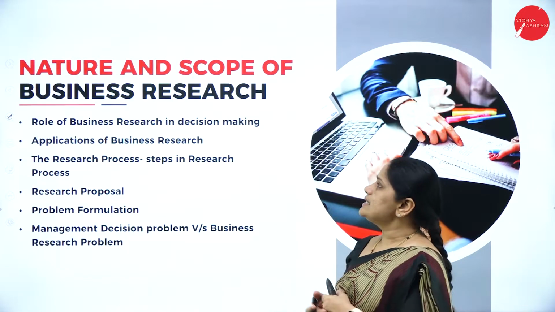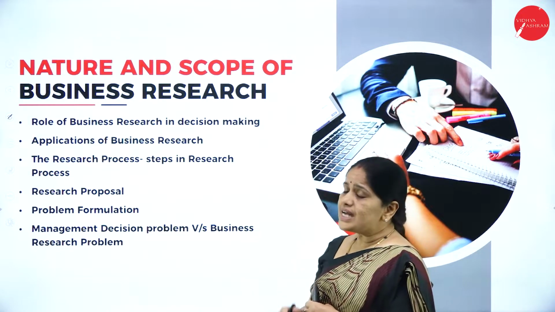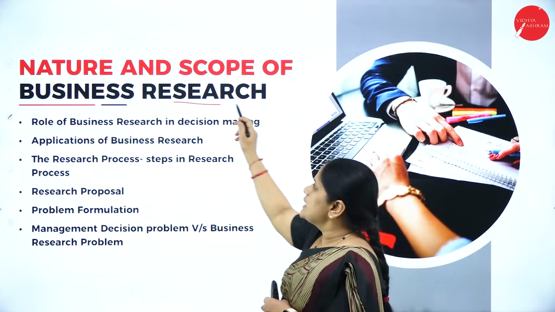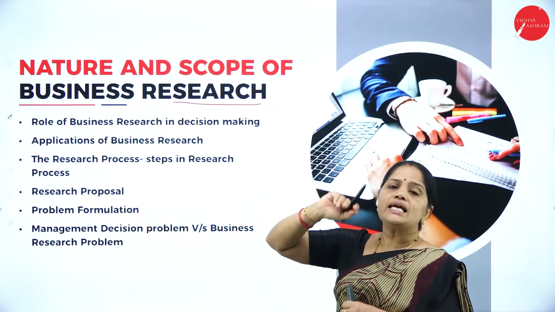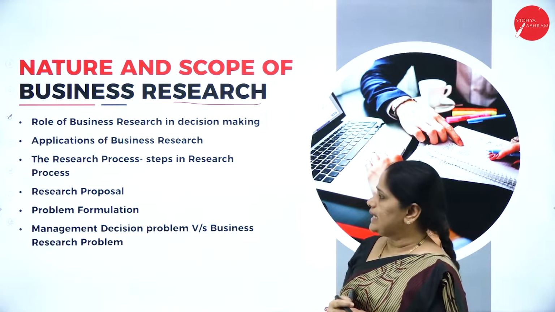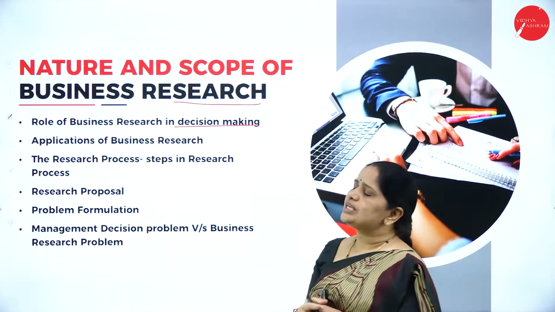Now let us see what the first unit holds for us. The first unit relates to the nature and scope of business research. In this, what will we actually be studying? The role of business research in decision making.